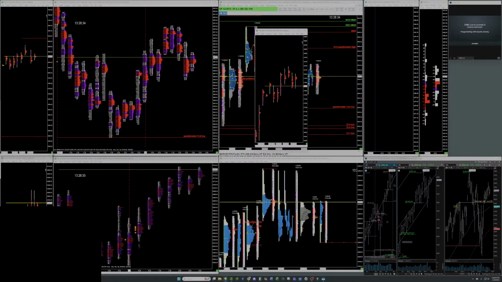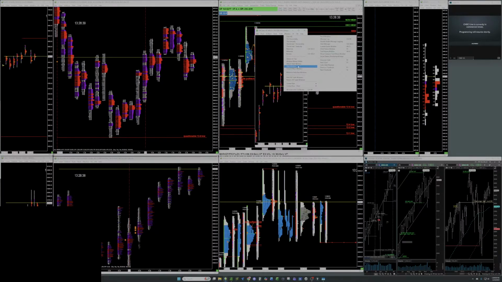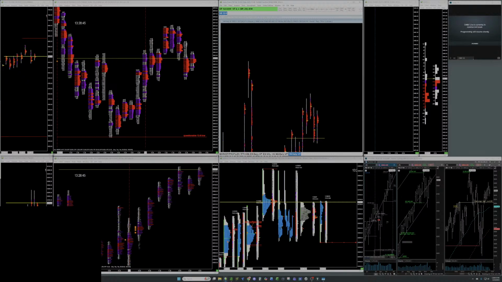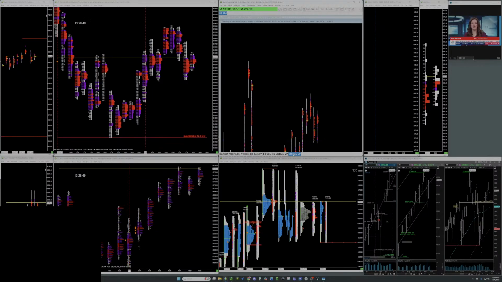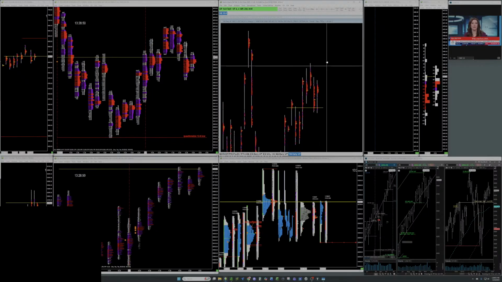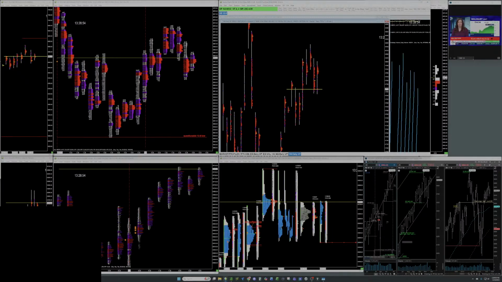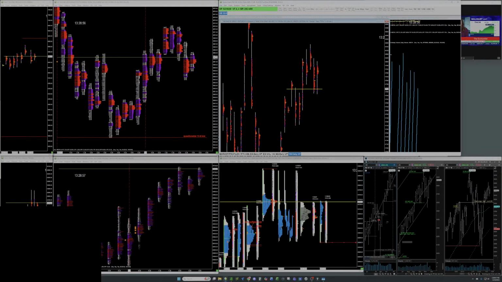So let me attach the window. Here you go. So I have daily. I have ES. I have Nasdaq. I have Dow. Oh, this is really beautiful here. It's too big. I don't want to make it too big. Let's make it small.